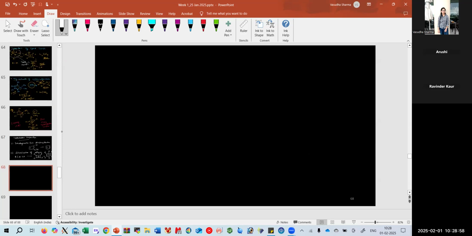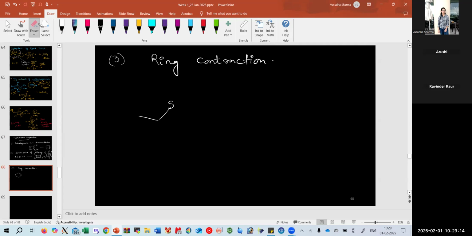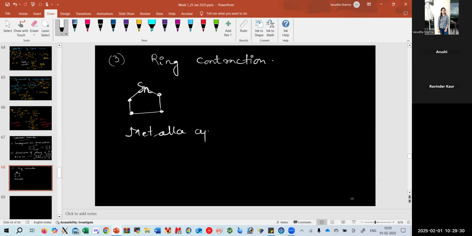The third method that we saw was the ring contraction. Meaning, if you have a 5-membered ring where 4 are carbon centers and the fifth is the metal center, though it is named as metallacyclopentadiene, where 2 double bonds are there.